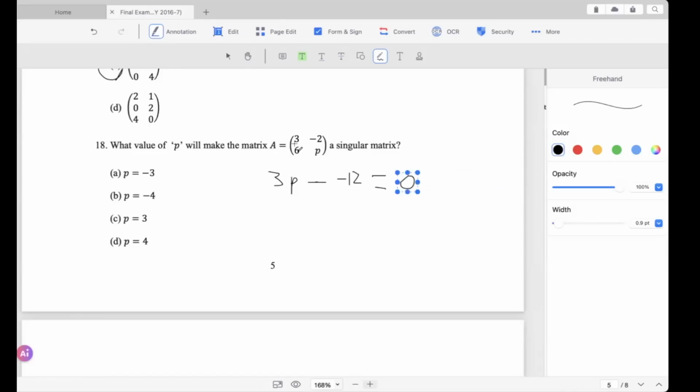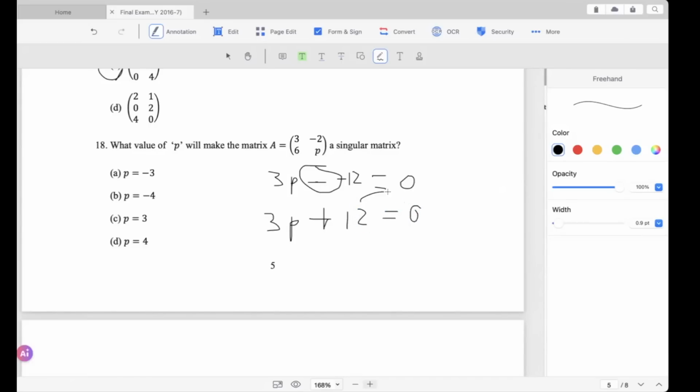So I repeat, you find the determinant, so you say 3 times P to be 3P minus, because determinant has a minus, and then 6 times -2 gives -12, and it's equal to 0 because it's a singular matrix. 2 negatives make a positive, so we have 3P plus 12 equals 0, and now we solve.